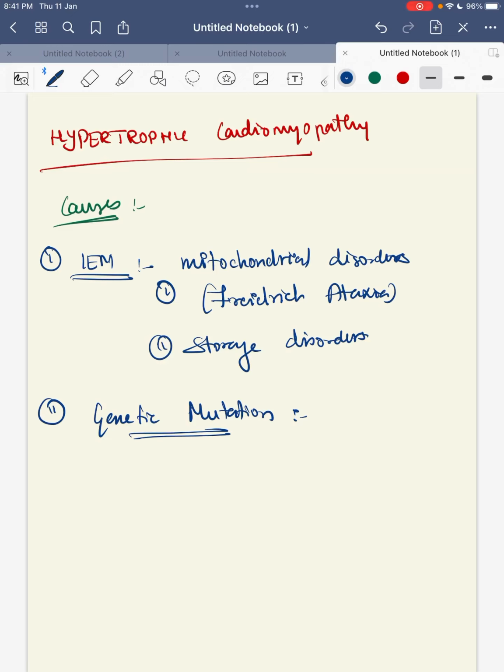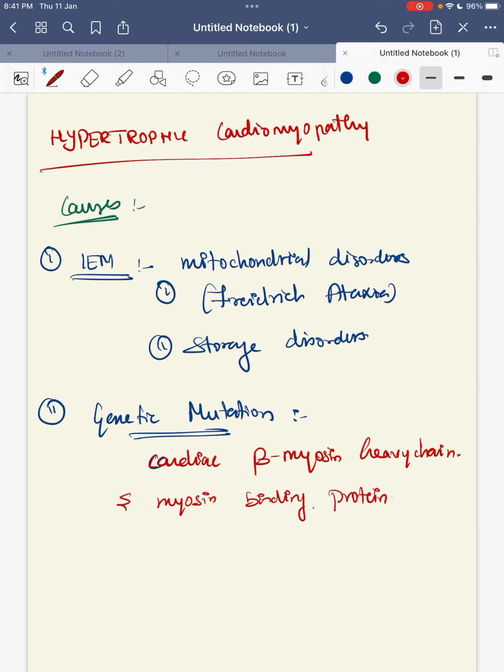So in hypertrophic, there will be a gene mutation encoding cardiac beta myosin heavy chain and myosin binding protein C. This can result in HOCM.